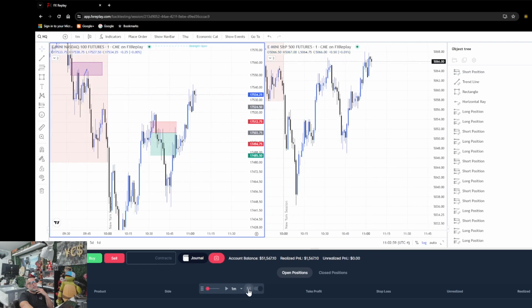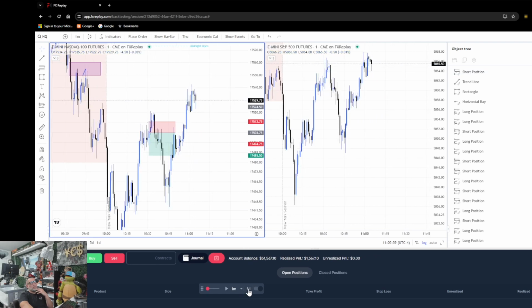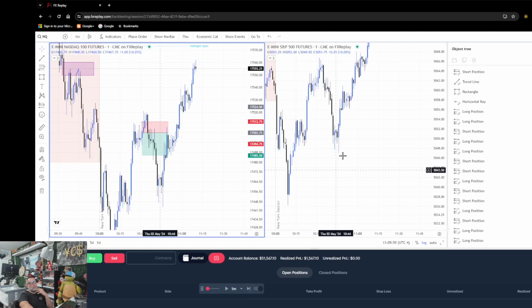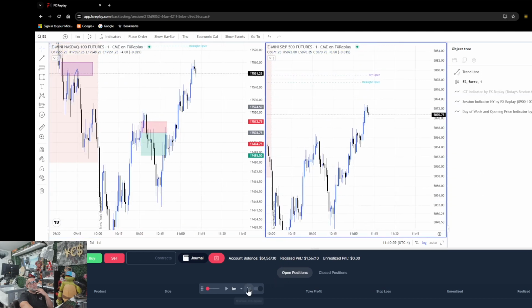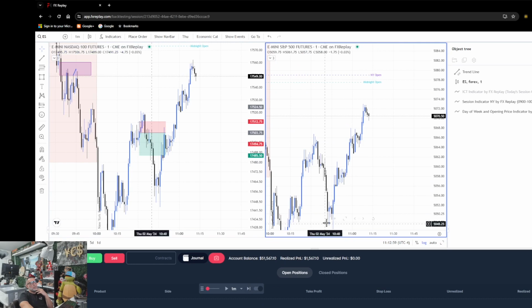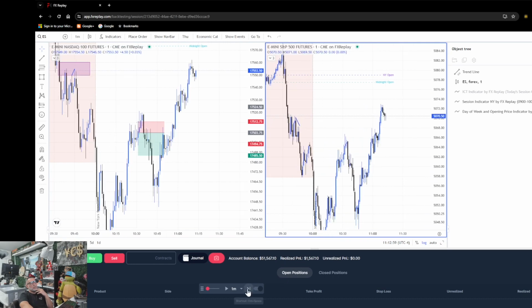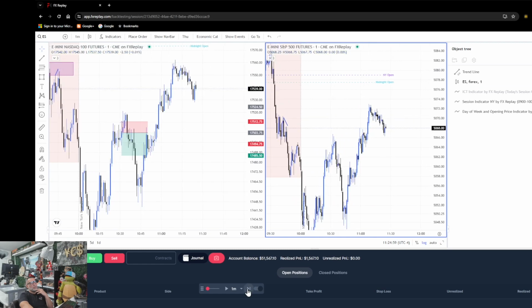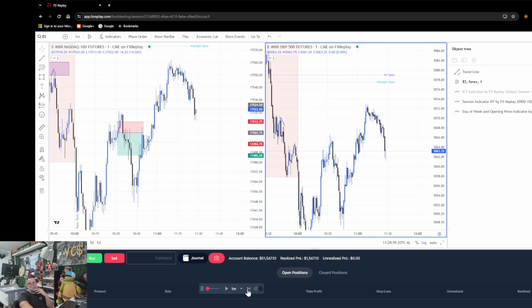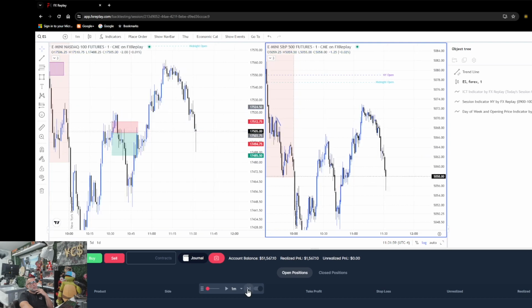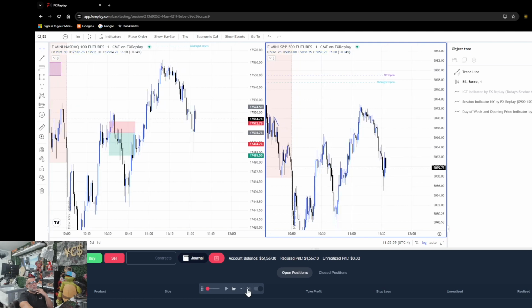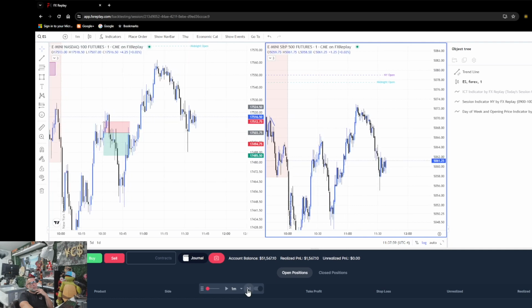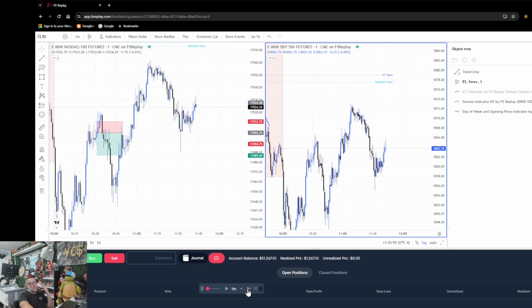Let's see if I could find another entry before... No, it's past our time. So, anyways, missed out on that trade. It would have been a winner, but it is what it is.